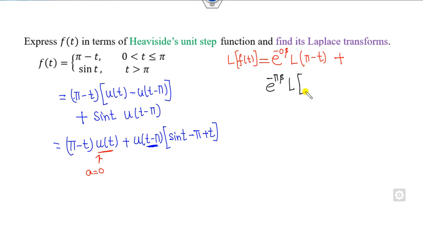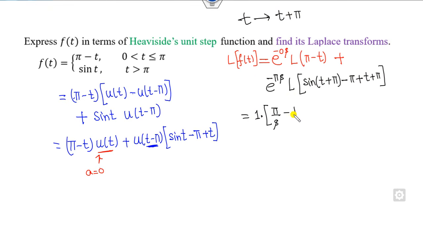I have to replace small t with t plus pi, so it's sine of (t plus pi) minus pi plus (t plus pi). So e raised to power 0 is 1. Laplace of pi is a constant, it's pi over s. Laplace of t will be 1 over s square, plus e raised to power minus pi s.